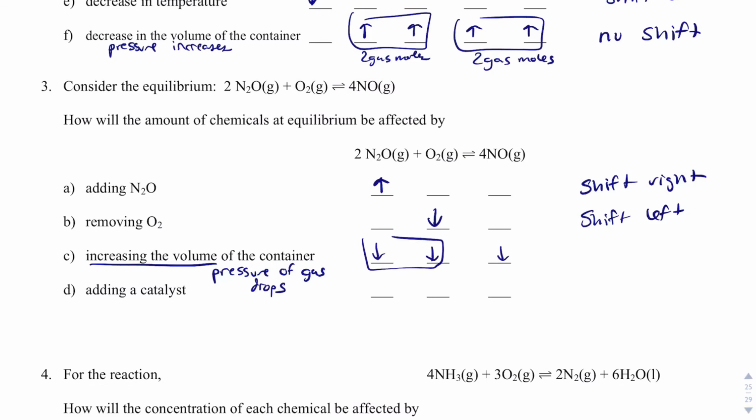This side has 3 gas moles. This side has 4 gas moles. If my pressure is dropping, I want to reverse whatever my disruption was. My disruption was pressure dropping, so I want more pressure, so I want to shift to the right. And then adding a catalyst will be no shift.